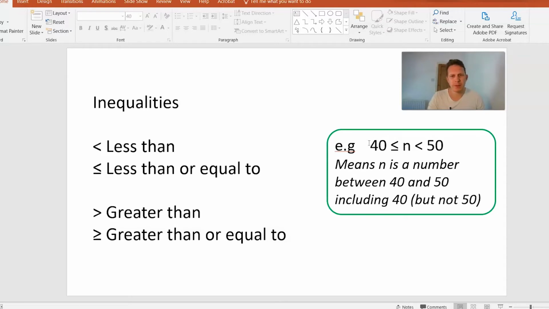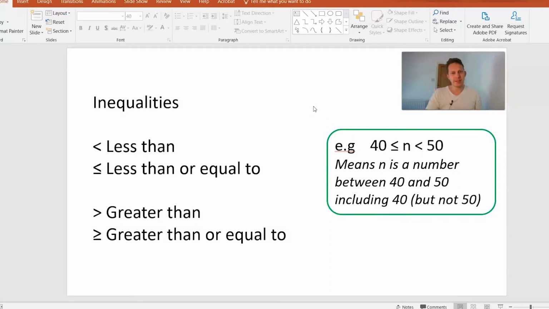Just remember, we read from left to right. What this means is that n is a number between 40 and 50. And it could include 40 because it's got the line underneath it, but it couldn't include 50. So any number between 40 and 50, including 40, could be in that range.